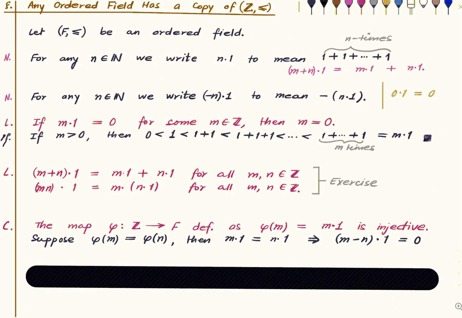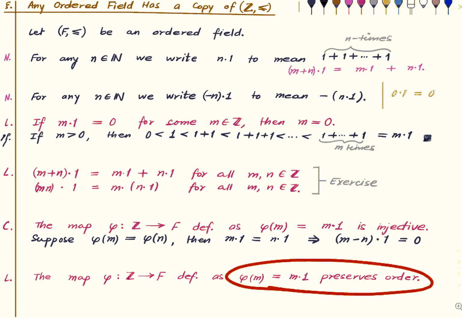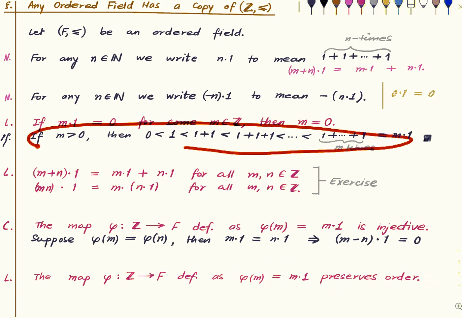All right. So the next one is, this is order preserving. This identification, or this injective map from integers to the field, is also order preserving, as can be seen by this argument here.